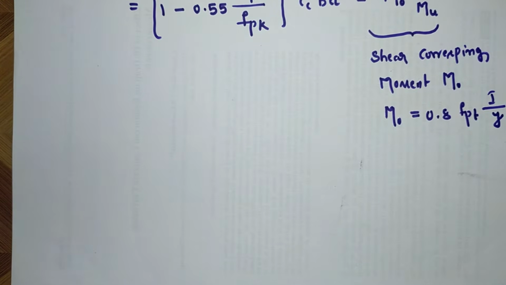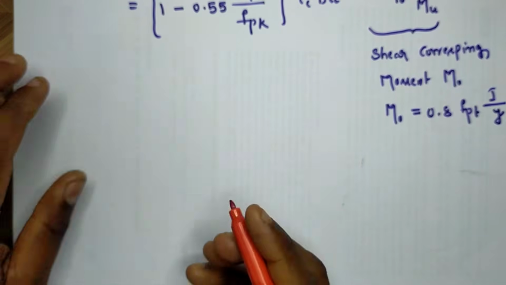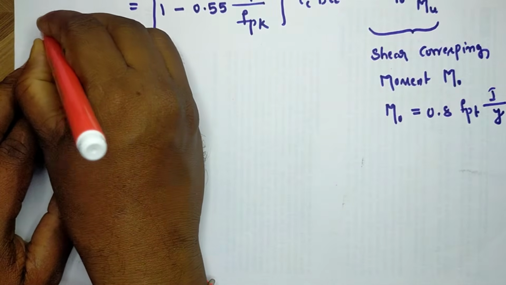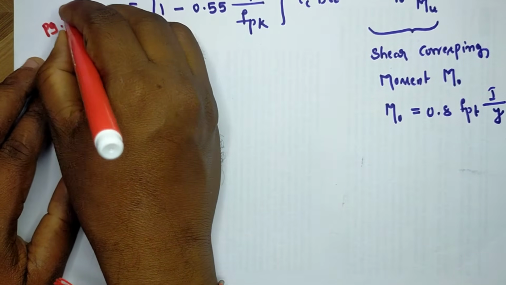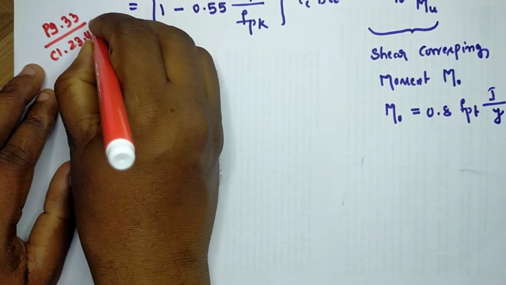No need to remember all these formulas. All these formulas are available on page numbers 32 and 33. This formula is available on page number 33, clause 23.4.2.